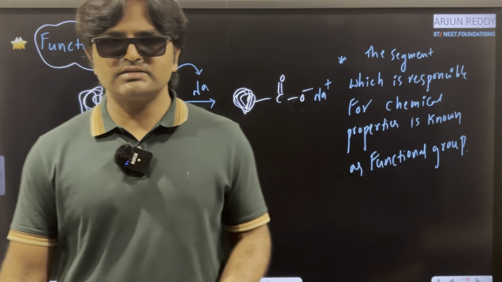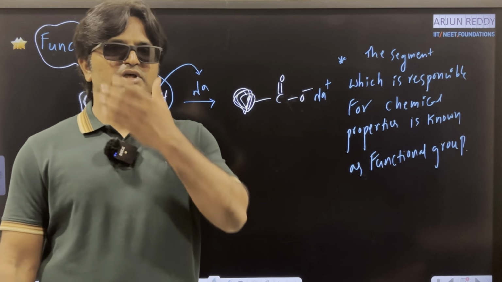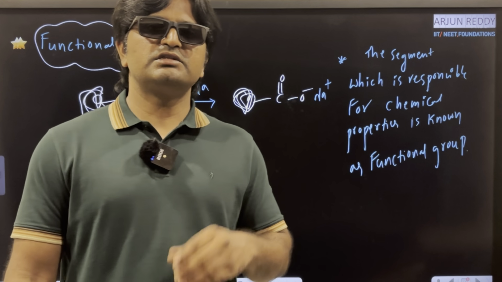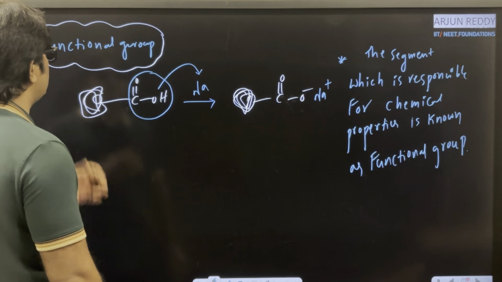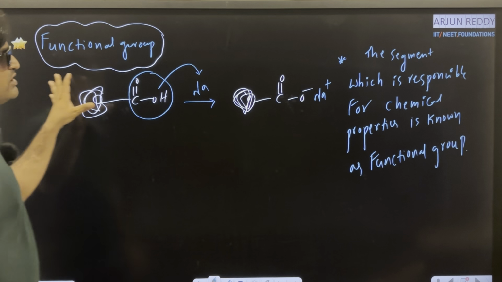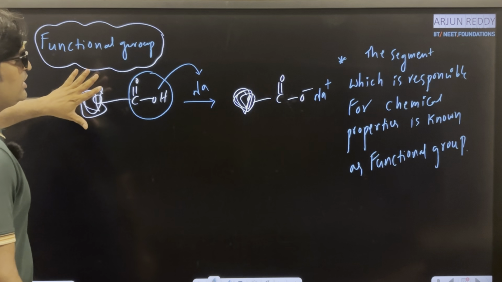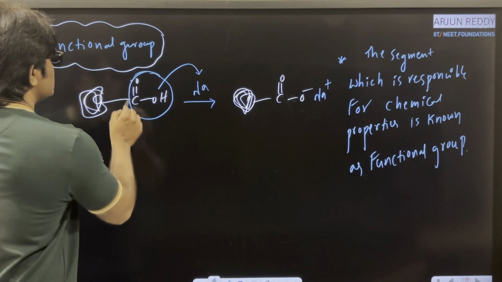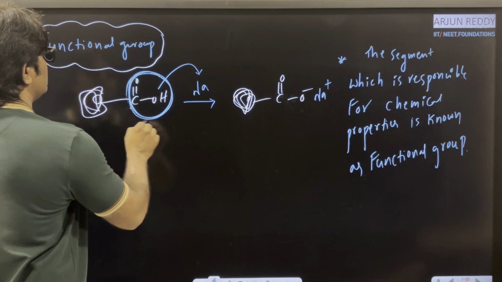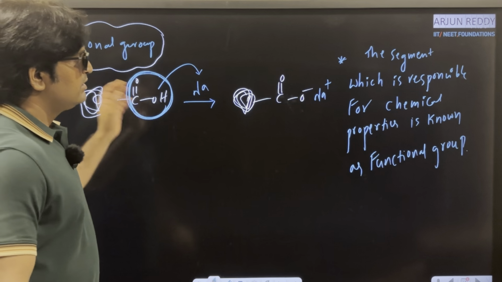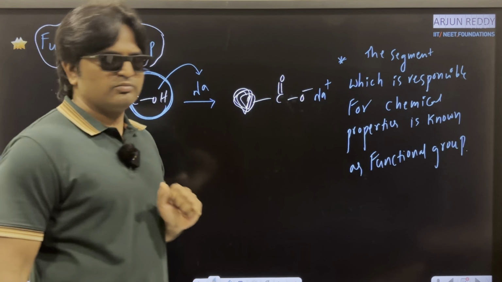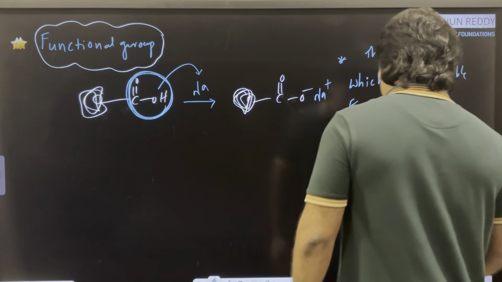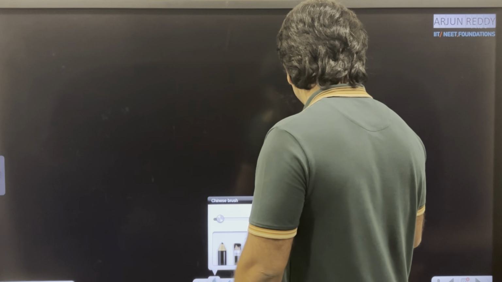For example, alcohols are given, OH is responsible for the chemical properties; carboxylic acid is given, the COOH part is responsible for chemical properties. So if you want to define functional group, this is the definition: in any compound, here I am taking carboxylic acid, the segment which is responsible for chemical properties is known as functional group. Okay, right. Here I am going to write some known functional groups, right?